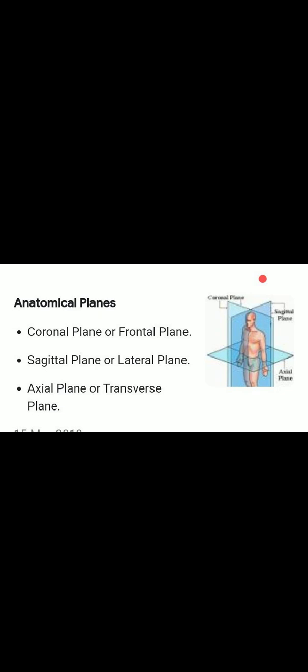Anatomical planes, how the body is being divided and so forth. We use planes in anatomy to divide the body, either to the right side, left side, front, back, transverse. These are the 3 main planes used in anatomy. 1.